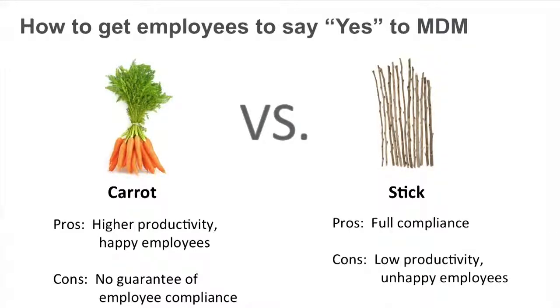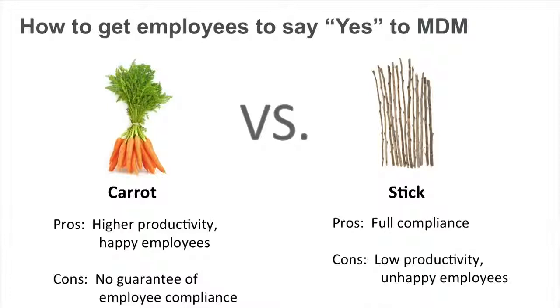On the flip side, if you just employ the stick method, which is you can bring any mobile device you want as long as it's a BlackBerry, then your productivity will drop. Your employees will be unhappy, and they won't work when it's needed, like over the weekends. If you're too draconian, you're not going to get those benefits. So you want to make sure you balance these out.